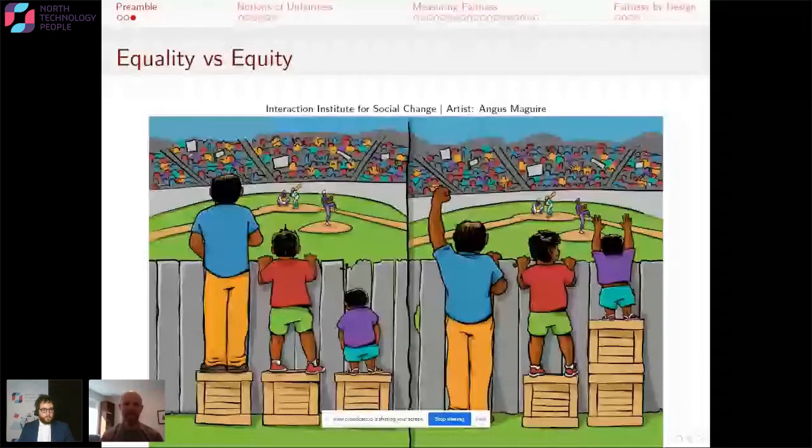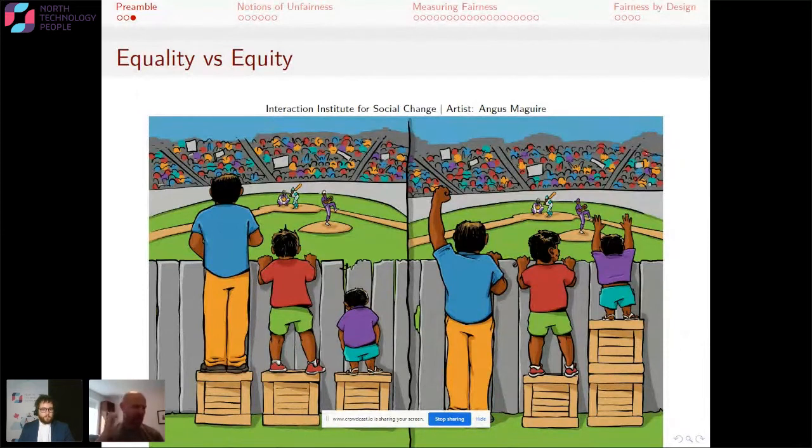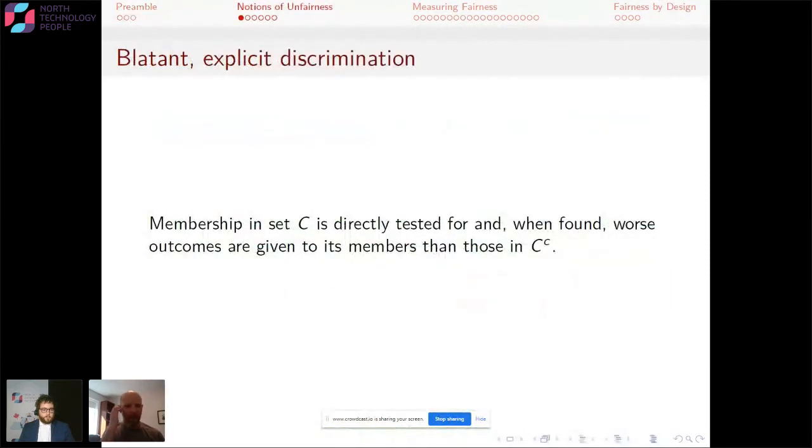And in the picture on the right, where we consider equity as opposed to equality, we give people boxes according to the height that they actually need in order to be able to see the game. So in machine learning and data science, and you'll see this later, we'll talk about the difference between equality of odds and equality of outcome. It creates a different scenario and ultimately changes how we approach our solutions.